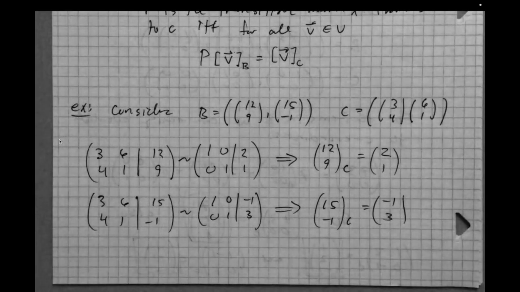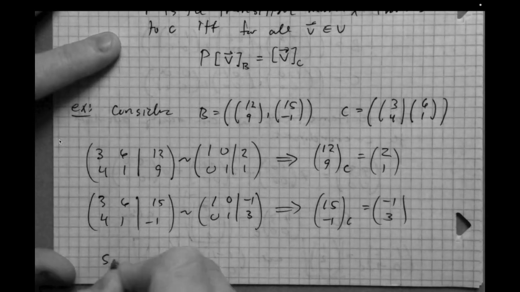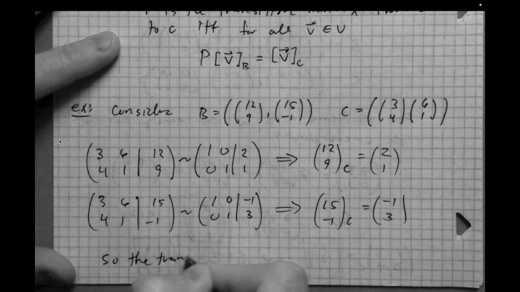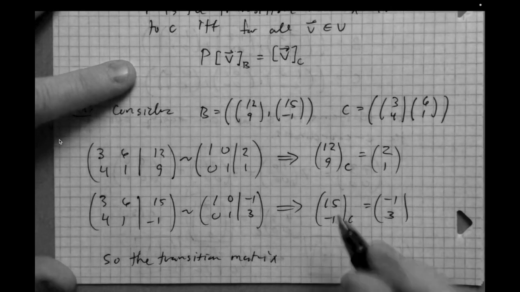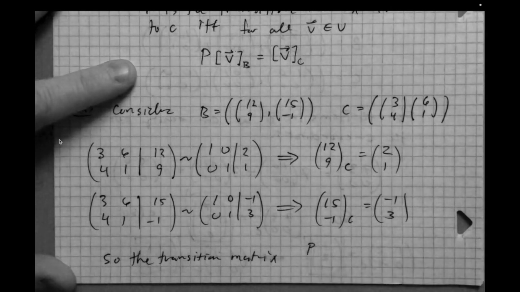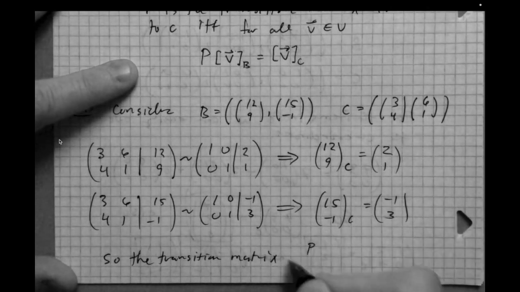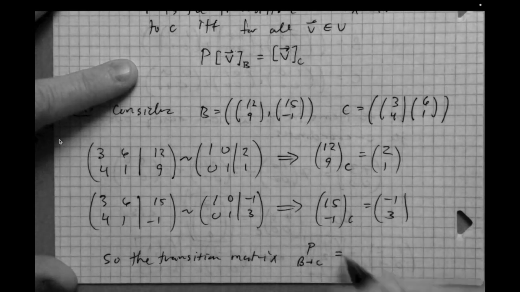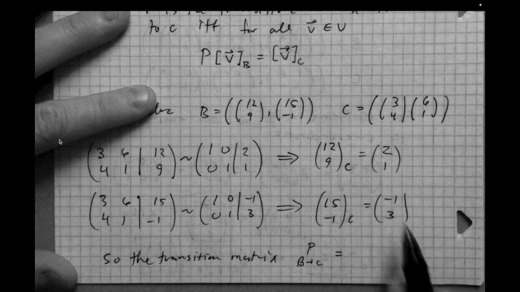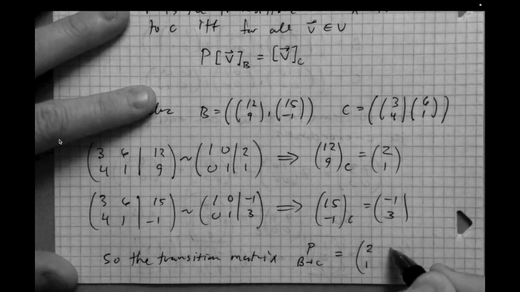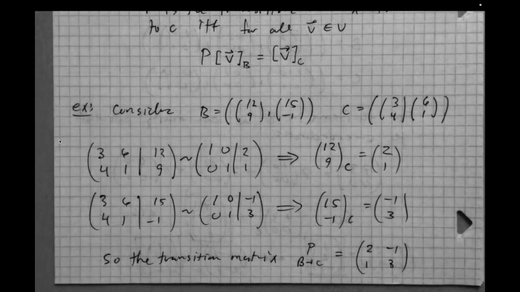Okay, so we've got that. And so given this, we can generate a transition matrix. So the transition matrix, and we'll call it P from B to C, is equal to 2. So it's these two and this 2. So 2, 1, and then -1, 3.